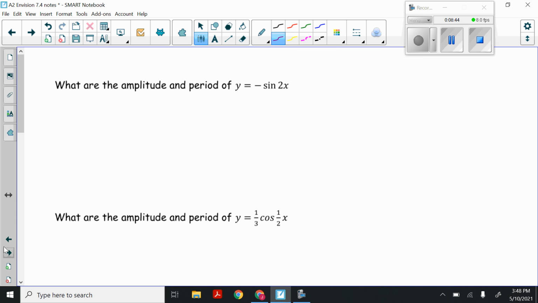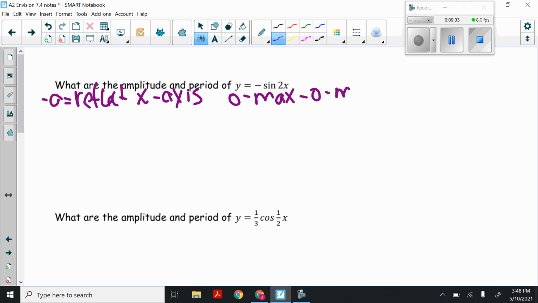So it says, what are the amplitude and period of y equals negative sine of 2x? And again, at the end, we're going to go in and graph this. So I know that negative a means it reflects over the x-axis. So my little shortcut, instead of 0, max, 0, min, 0 for sine, it's now going to be 0, min, 0, max, 0.